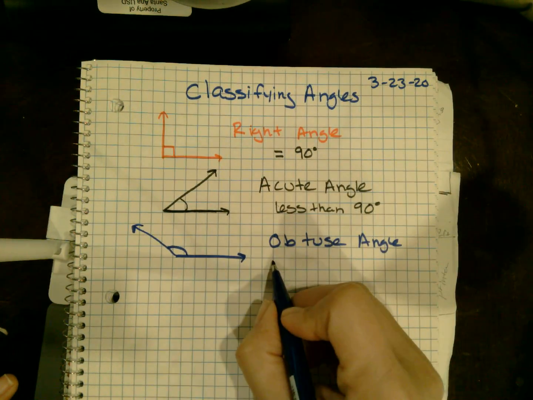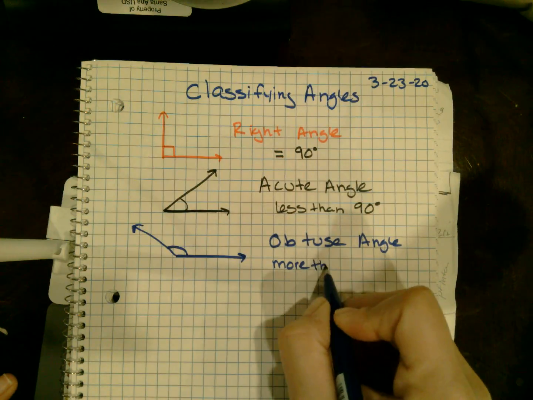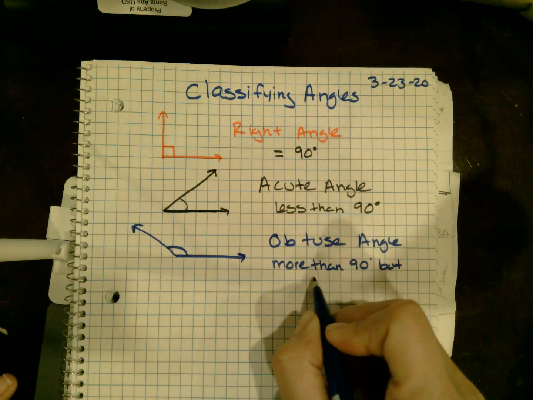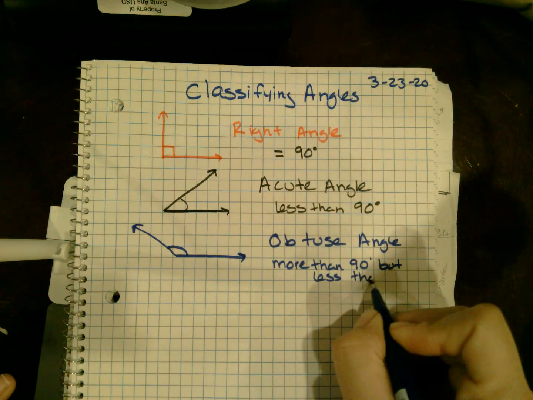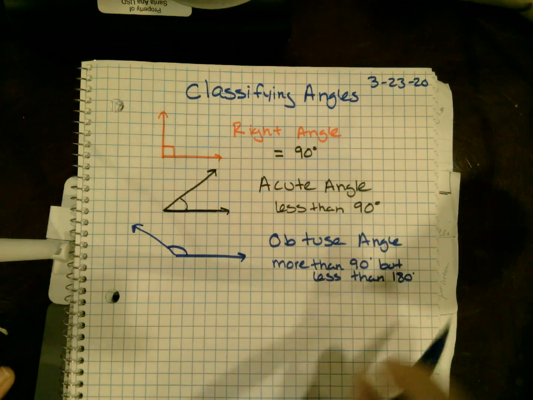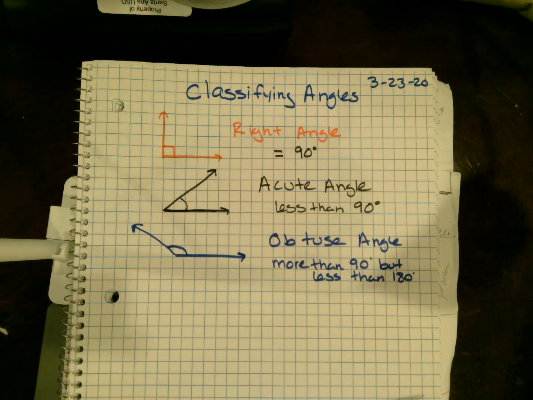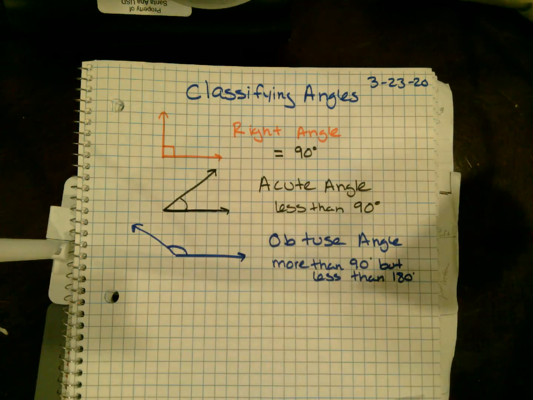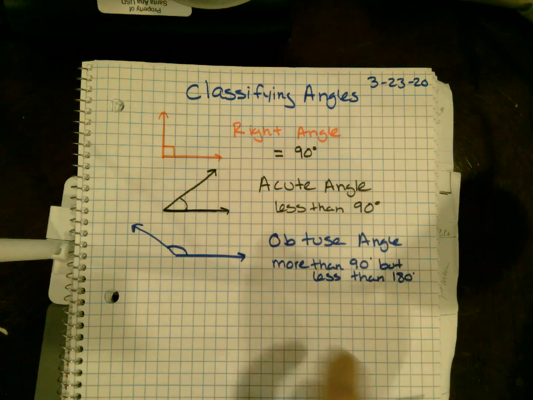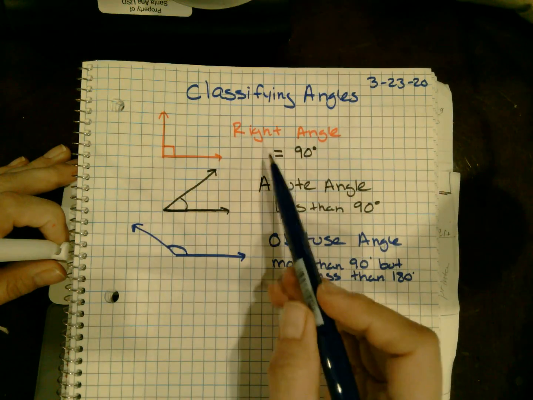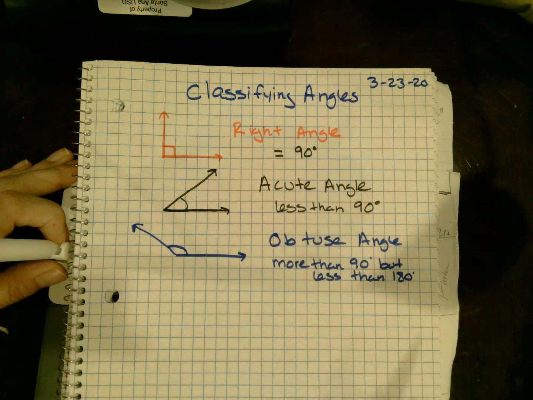And this one is more than 90 degrees, but less than 180. So it's between 91 and 179. Okay, so a right angle, acute angle, obtuse angle.